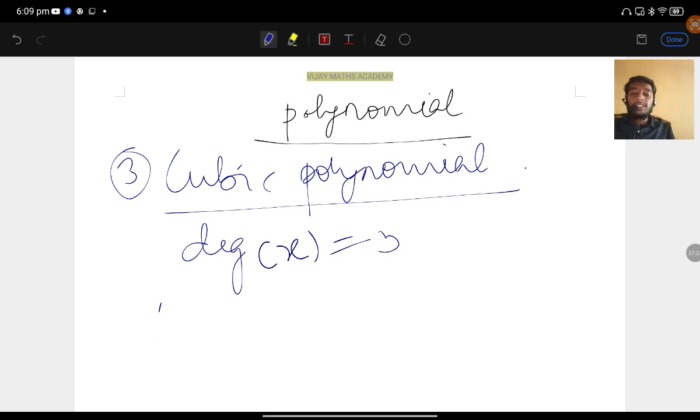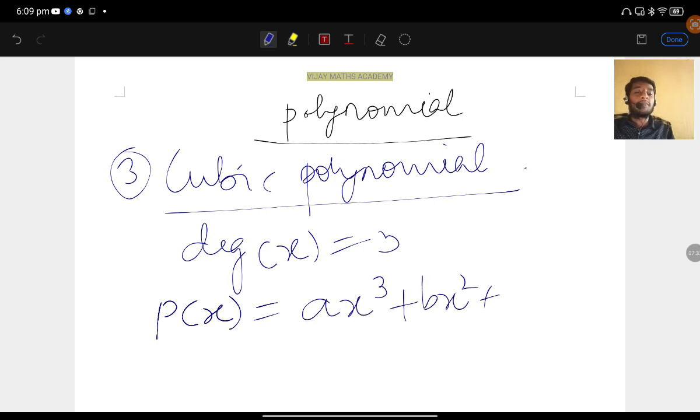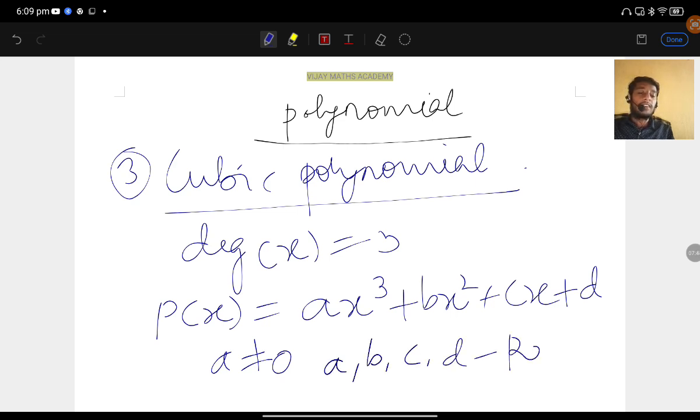Now I will give the general form. P of x is equal to ax cube plus bx square plus cx plus d, where a is not equal to 0, and a, b, c and d are real numbers.